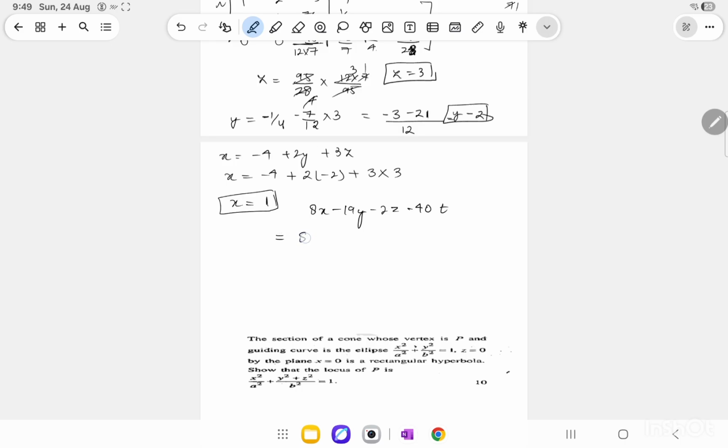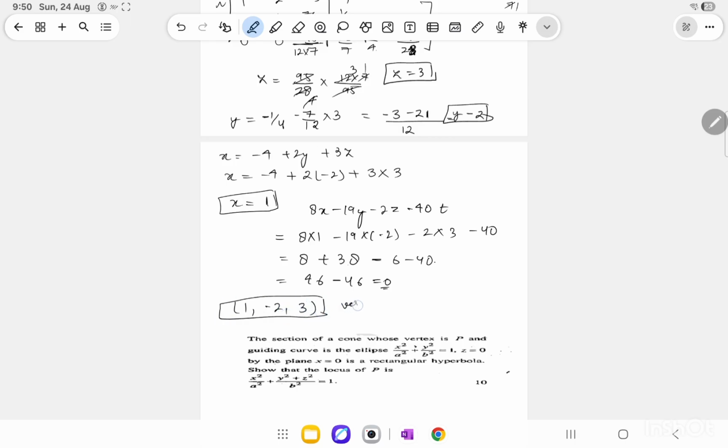So 8 into 1 minus 19 into minus 2 minus 2 into 3 minus 40. So 8 plus 38 minus 6 minus 40. So 8 plus 38 basically 46 minus 46, which is equals to 0. So 1 comma minus 2 comma 3 basically represents a vertex of given cone.